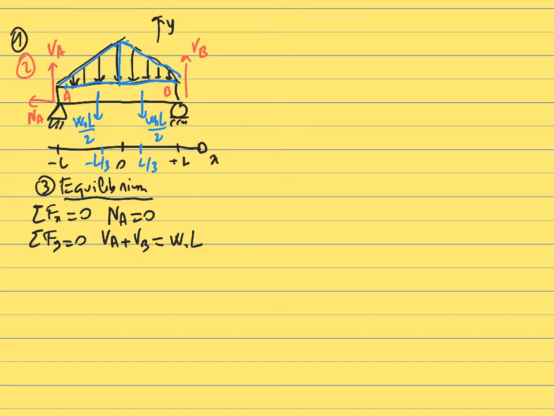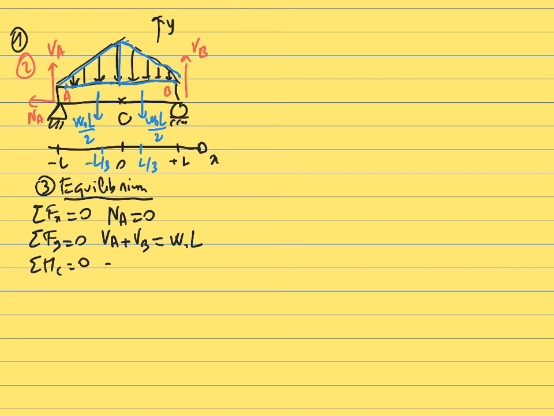We just need to write that the sum of the moments is equal to 0. For example, we can take a point C here in the middle. The sum of the moments about C is equal to 0. We would quickly find that VA is equal to VB, which we could have guessed from the fact that this problem is symmetric with respect to x equals 0. VA is creating a moment that is clockwise, that is to say a moment with a negative projection along the z-axis.